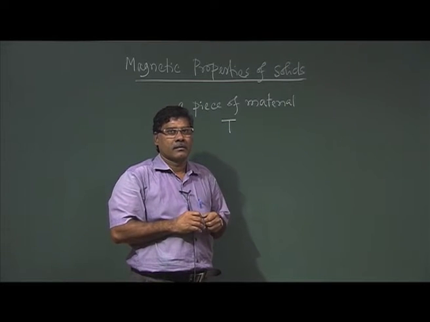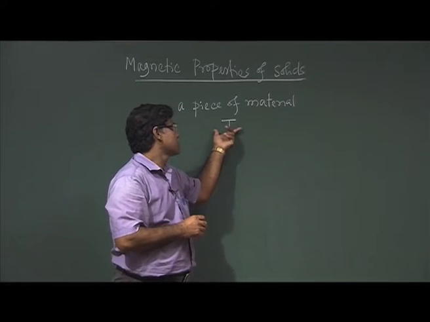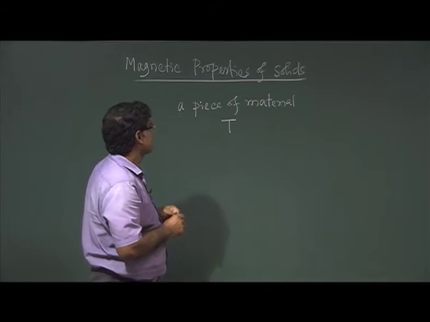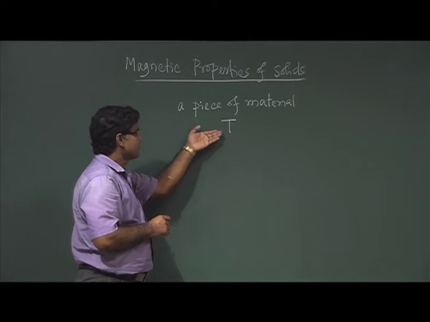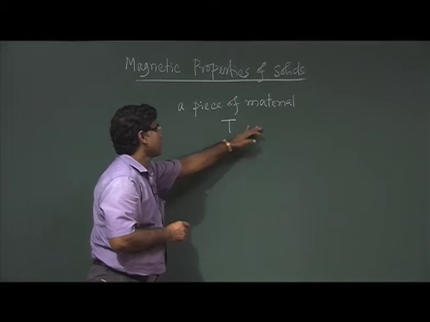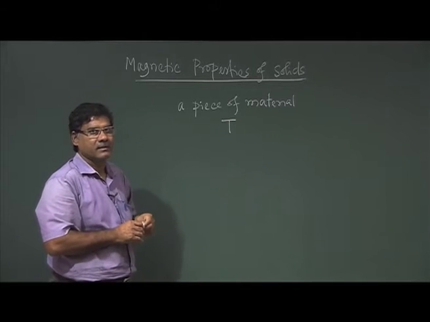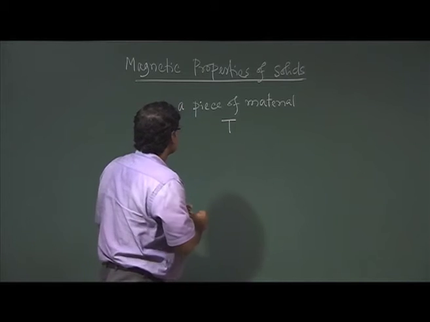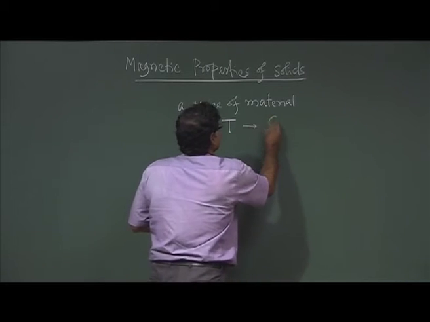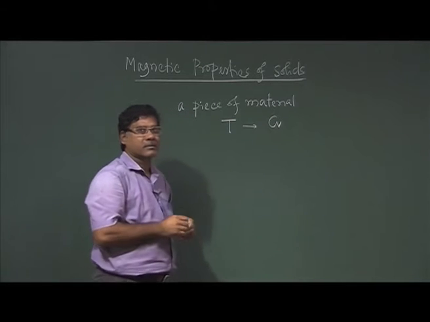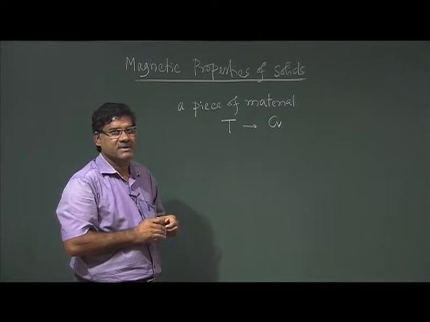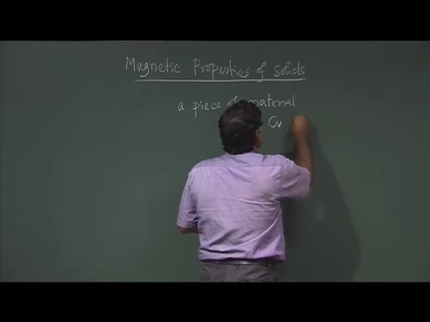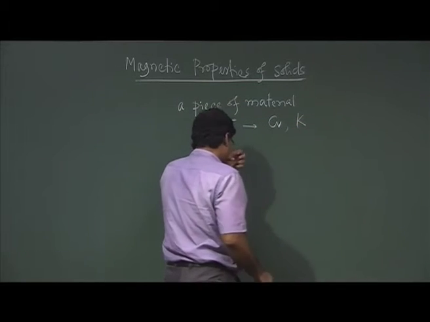The response of this material to temperature gives us the thermal properties of the material in terms of some parameter. That is basically specific heat or thermal heat capacity, or thermal conduction, right.